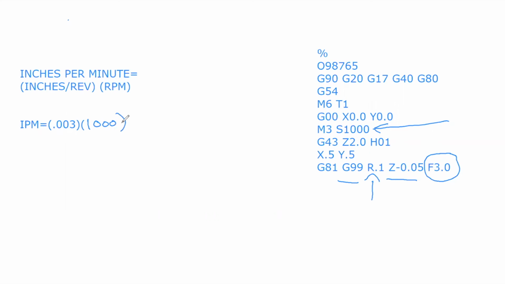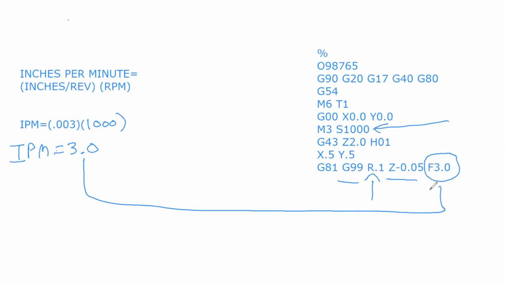We do our multiplication, and inches per minute will be 3.0. This is going to be our feed rate, and it will go right there. This will be the same thing for our peck drill cycle once we get there.